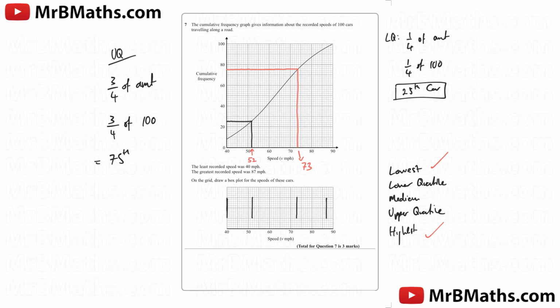So looking at our checklist on the right, we've got our lower quartile done. We've got our upper quartile done. All that's left is the median. The median is the middle number. So half of the amount again, so it's half of 100, which is obviously 50. So the 50th car in this case.